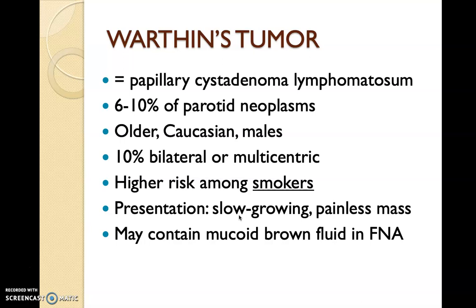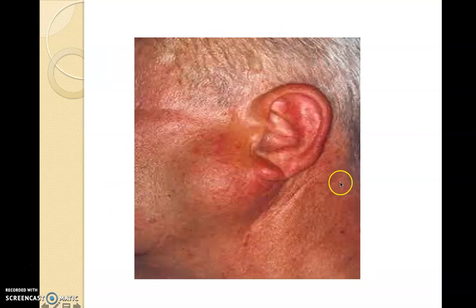So you have to ask the patient if they are smokers. Usually it's in the parotid gland, and neoplasm is usually just one side, unilateral, but in Warthin's tumor it's bilateral. Okay, it may contain some sort of brown fluid if we do the fine needle aspiration. Okay, so this is the Warthin's tumor.